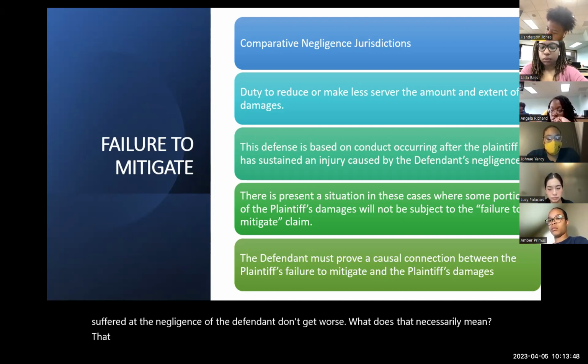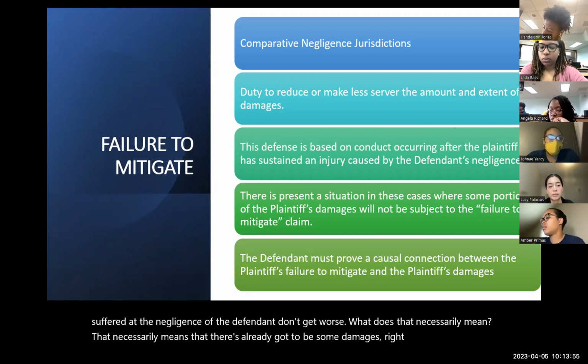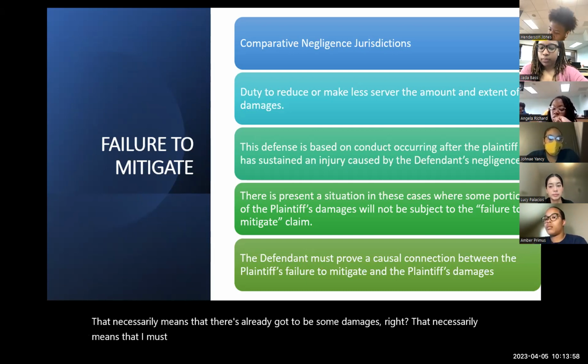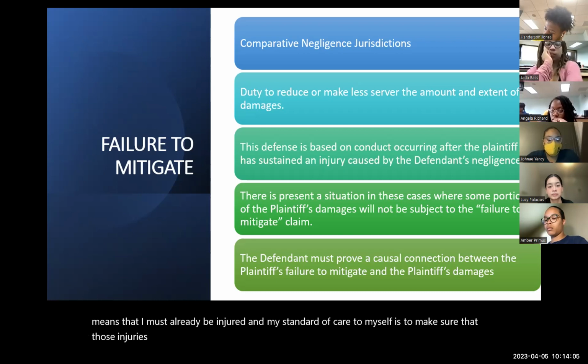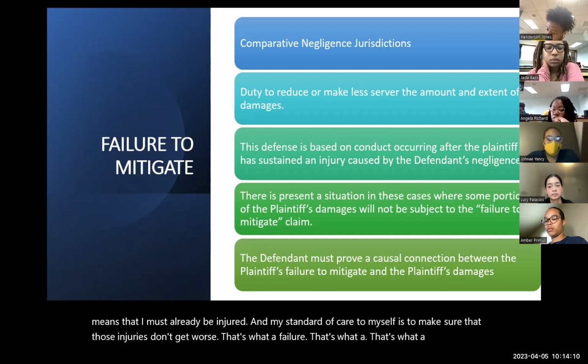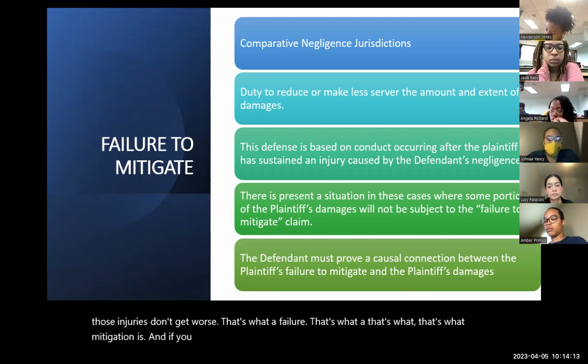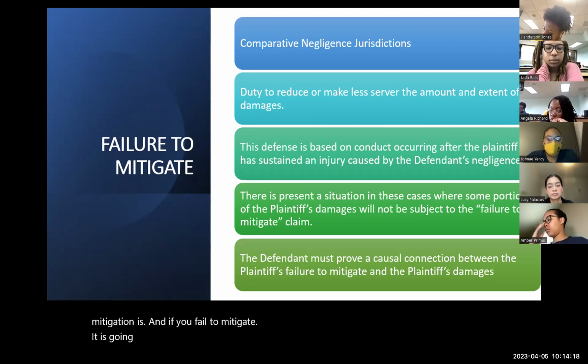That necessarily means that there's already got to be some damages. That necessarily means that I must already be injured, and my standard of care to myself is to make sure that those injuries don't get worse. That's what mitigation is. And if you fail to mitigate, it is going to have an effect on your total damages.